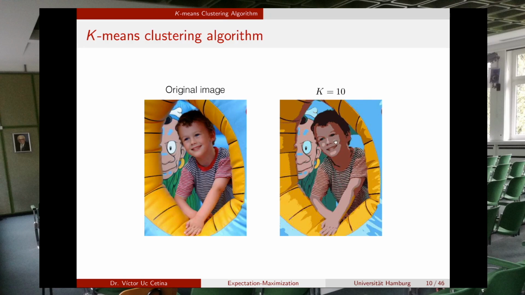So in this case, maybe for a specific application, representing the image only with 10 colors will be enough, and then you will be reducing the amount of information needed for storing this image.